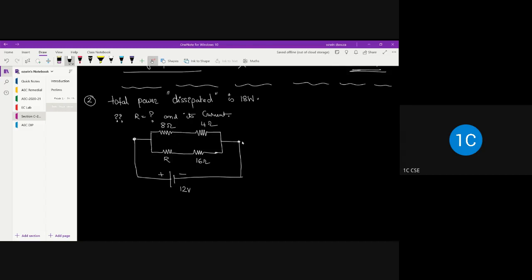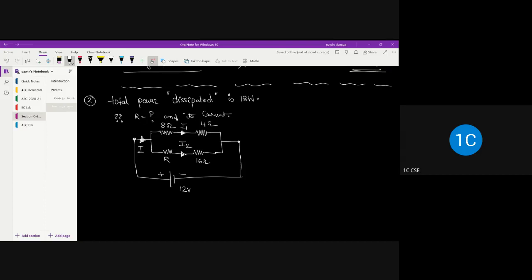So this is the given circuit and you're supposed to find what is R, and what is the current flowing through it. Since they are asking you to find the current, I will mark the currents. Say this is I. Let's say through the upper branch I1 flows and through the lower branch I2 flows.